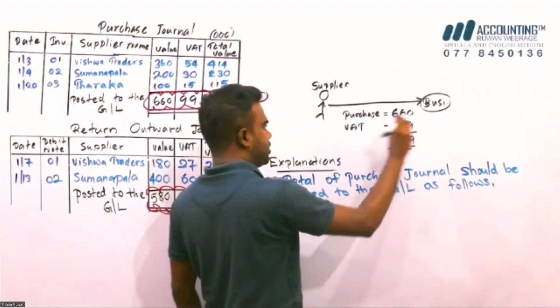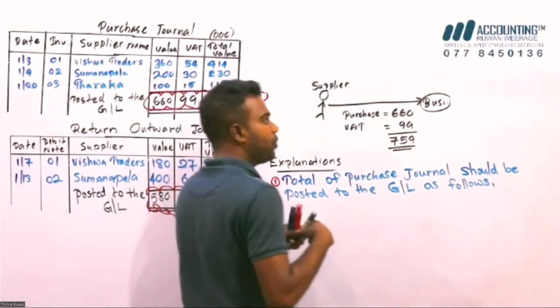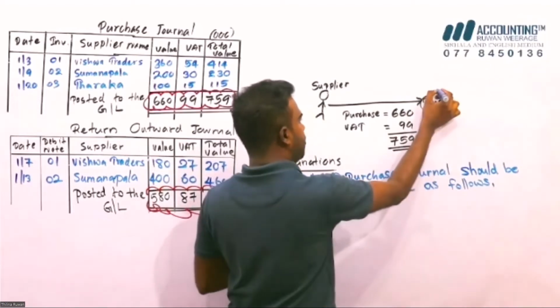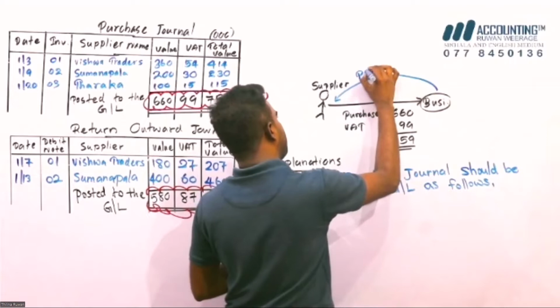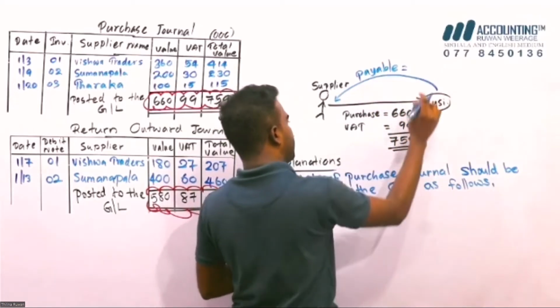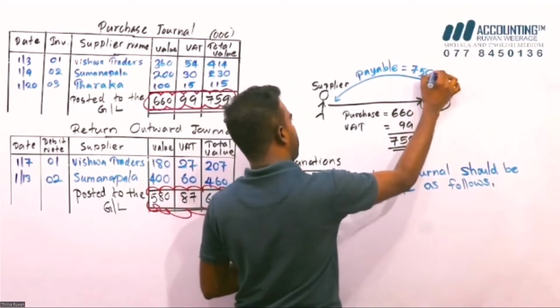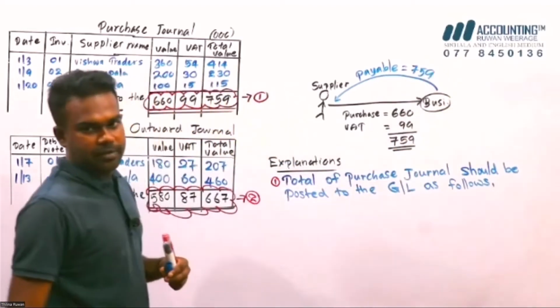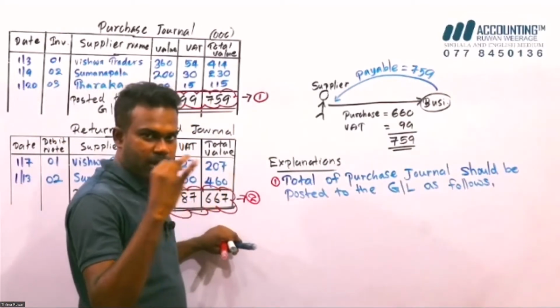This is the bill sent to the business. Then the business has to pay all the amount. This is the payable, so credit basis is not this. Payable amount is all the VAT amount and the selling price, 759 rupees.